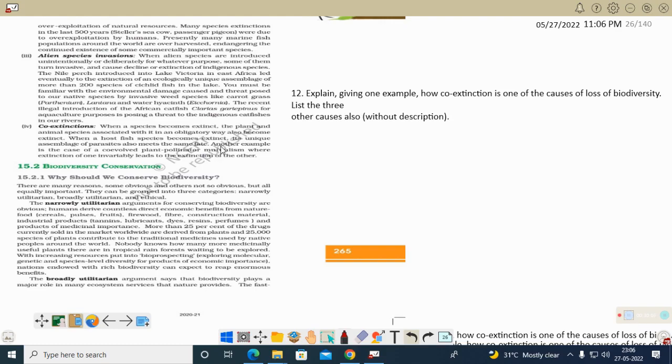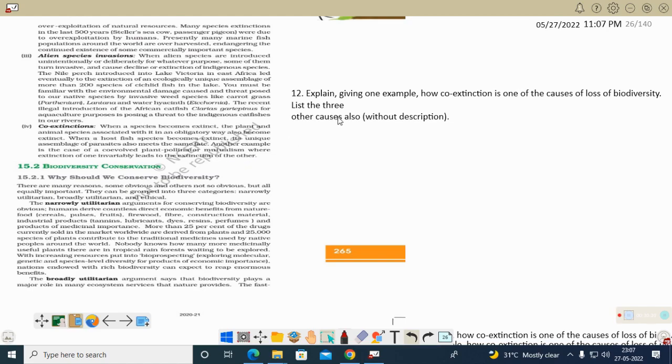Another example, the co-evolved plant and pollinator: the plant co-evolves according to the pollinators, and the pollinators co-evolve according to the plant. Both directions can undergo co-evolution. So if one undergoes extinction, the other will also undergo extinction, as they are in a mutual relationship.